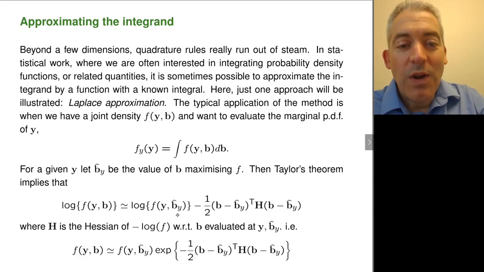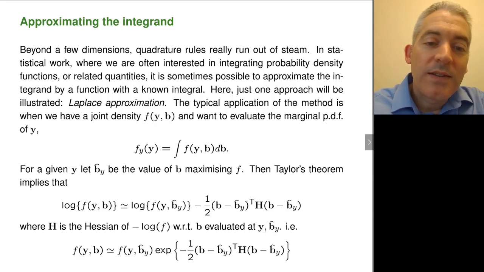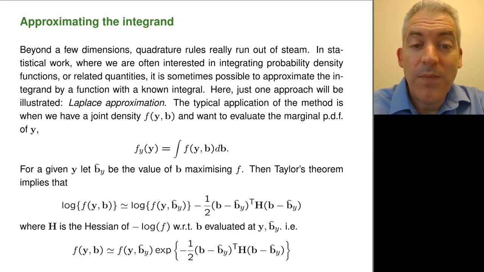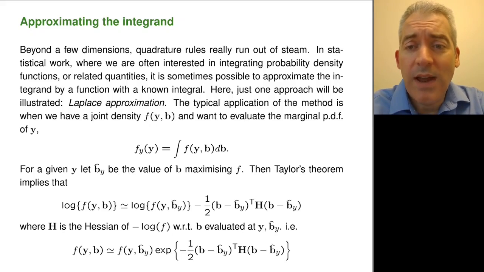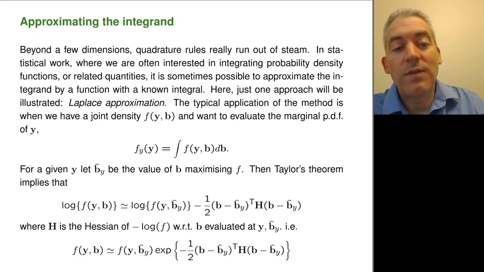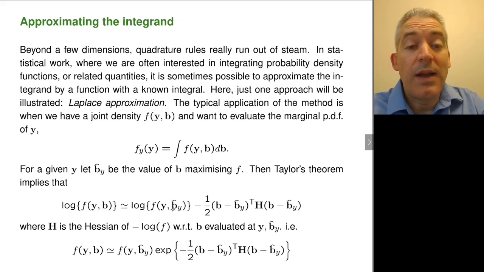So this is our Taylor series approximation to the log density, and we apply Taylor's theorem to the log density for all kinds of reasons, but essentially it's just likely to be much more quadratic. The density is strictly non-negative, and the log density is likely to be better behaved. If you know anything about normal theory, you know that the log of the normal density actually is a quadratic form. So there are all kinds of reasons why the log of the density is the natural thing to look at and the natural place to apply Taylor's theorem.